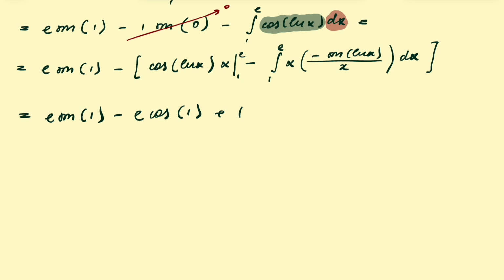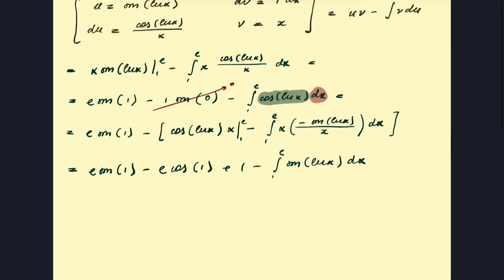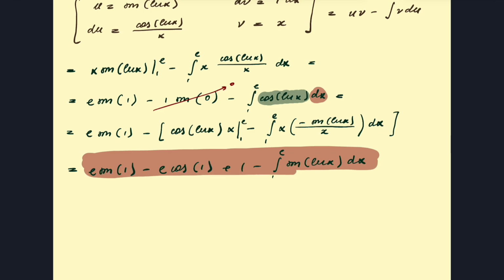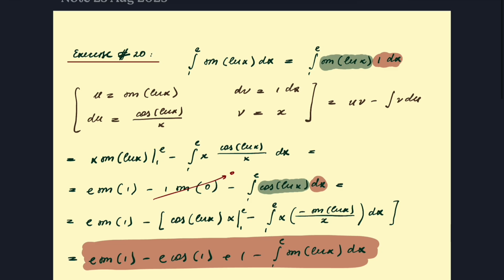So we have minus the integral from 1 to e of sine of ln of x dx. Now this is actually what we wanted to obtain. Now we have an equation which has some terms in it, as well as the integral we want to find. And here it is.